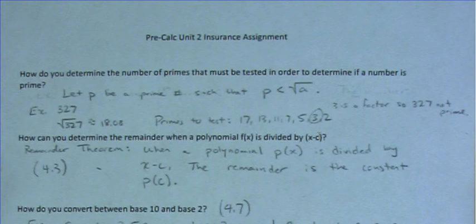You substitute the value of c into the polynomial to determine the remainder. Be careful though, because if I'm dividing by x plus c, you would put negative c into the polynomial, p of negative c, to determine the remainder.